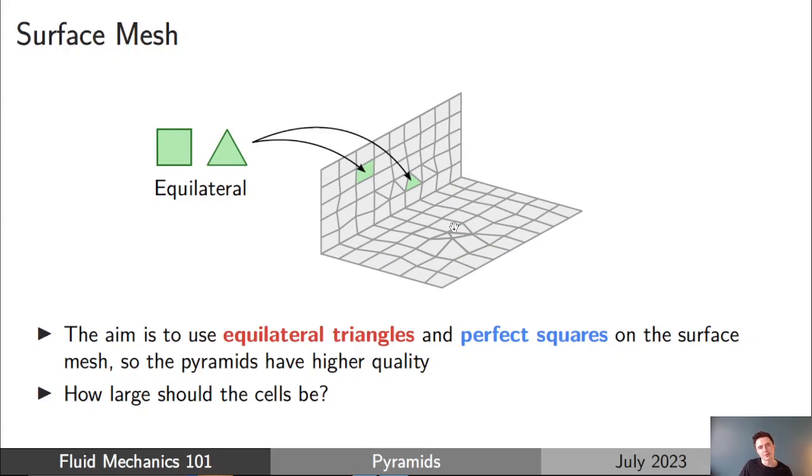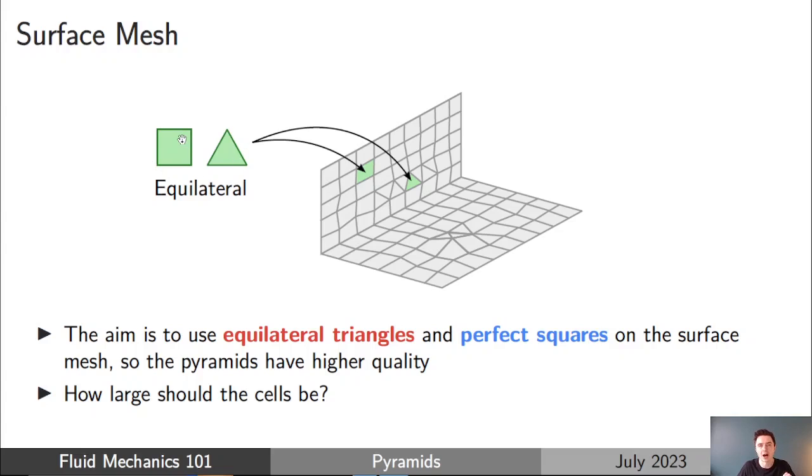And what this is really telling us is that when we generate a surface mesh for an unstructured CFD mesh, what we want to be aiming for is a surface mesh that uses equilateral triangles and perfect squares.